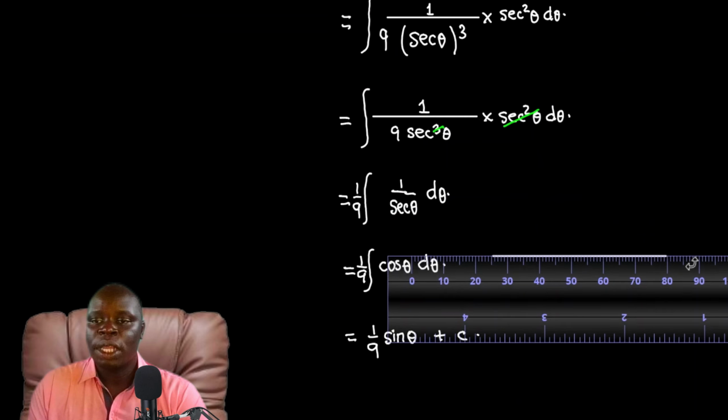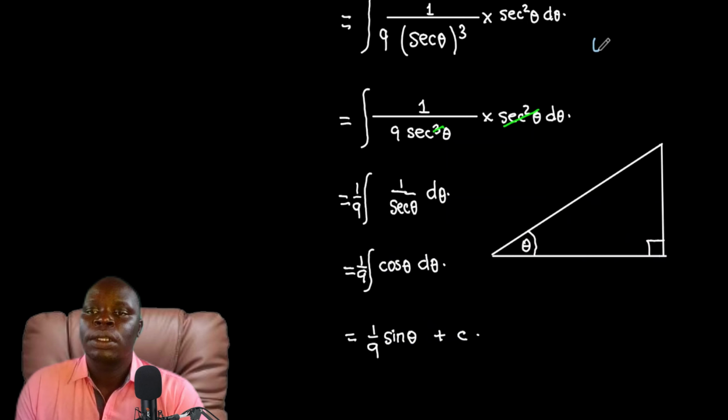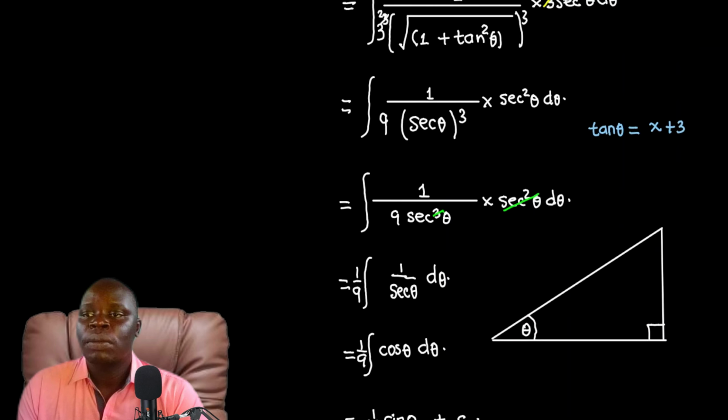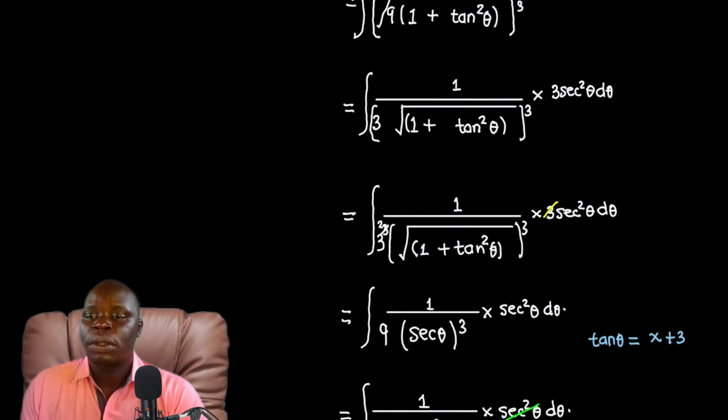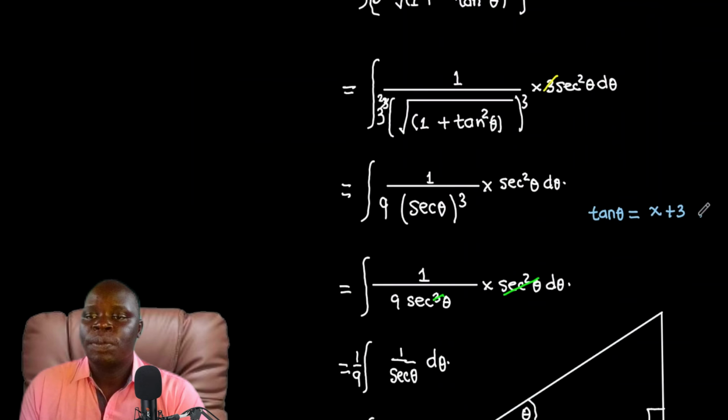So from this triangle here, tan theta that was given by x plus 1 over 3, let us be sure by first looking at it. So let's erase this part out. Now we have x plus 1 over 3.